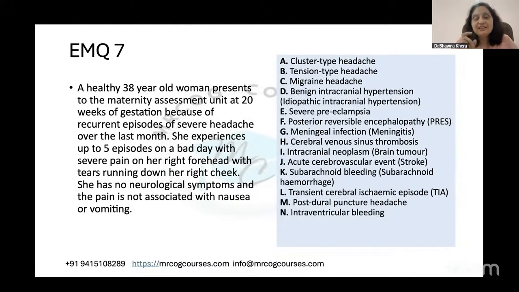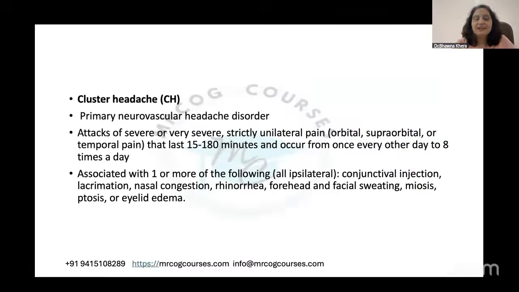So what are the keywords which go in favor of cluster type headache? Tears running down the right cheek. Severe headache in the right forehead. Cluster headache is basically a primary neurovascular headache disorder. Attacks of severe or very severe strictly unilateral orbital, suborbital or temporal pain that lasts 15 to 180 minutes and occur from once every other day to 8 times a day.